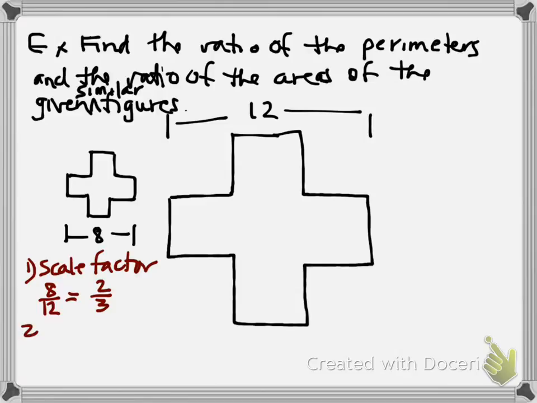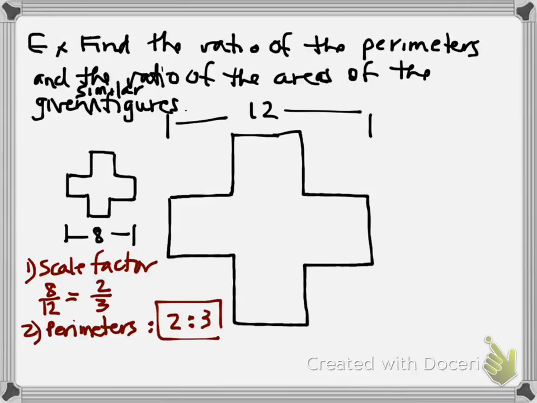So for perimeters, all the difference is going to be is I'm going to have increased all the sides by the same amount. So when I reduce everything down to lowest terms, it's all going to go back to the scale factor. So the perimeters is simply going to be the scale factor, 2 to 3.